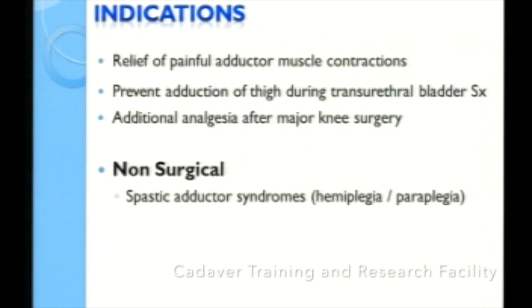Surgical indications are relief of painful adductor muscle contractions, prevention of adduction of the thigh during transurethral bladder surgery, and additional analgesia after major knee surgery. Non-surgical indications are spastic adductor syndrome, which is present in hemiplegia or paraplegia.